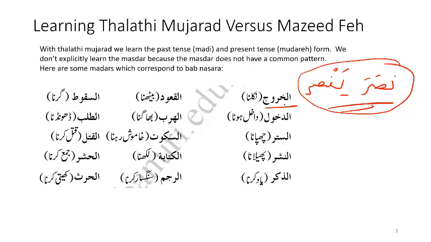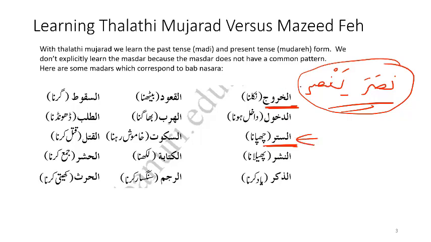For example, kharaja yakhruju is the action of leaving, so to exit. That action is called al-khuruj. The action of covering is described as satara yasturu, and the name of the action is as-satar.